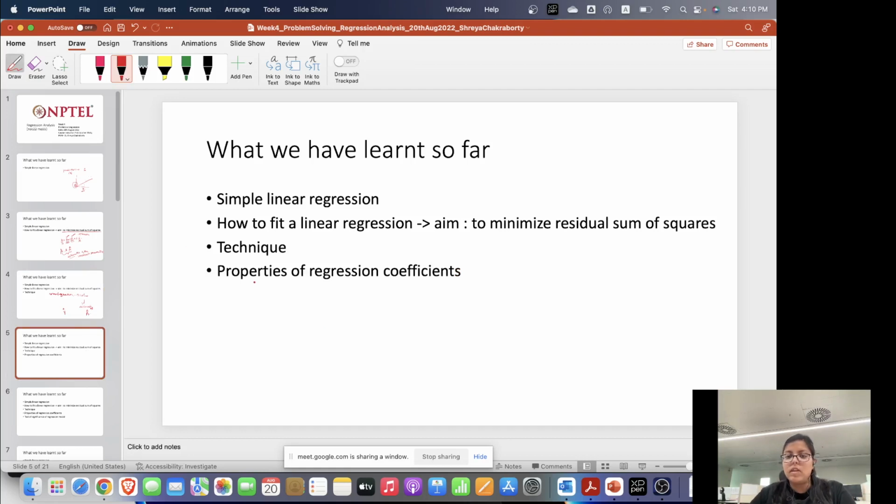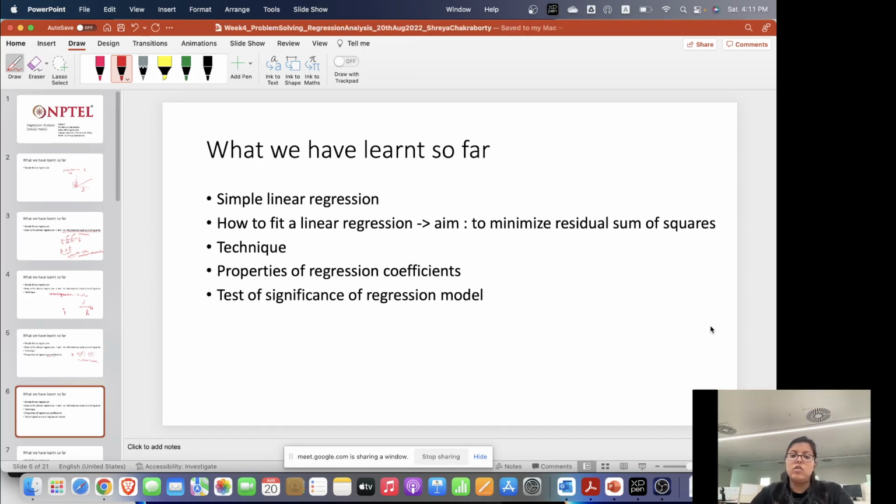We have also seen some properties of the regression coefficients: how they can be written as a linear combination of the observed y's, what their expectations and variances are, and what distribution they follow. We have also solved sums, and tested the significance of a regression model, whether the predictors we have taken actually have a significant effect on the dependent variable.